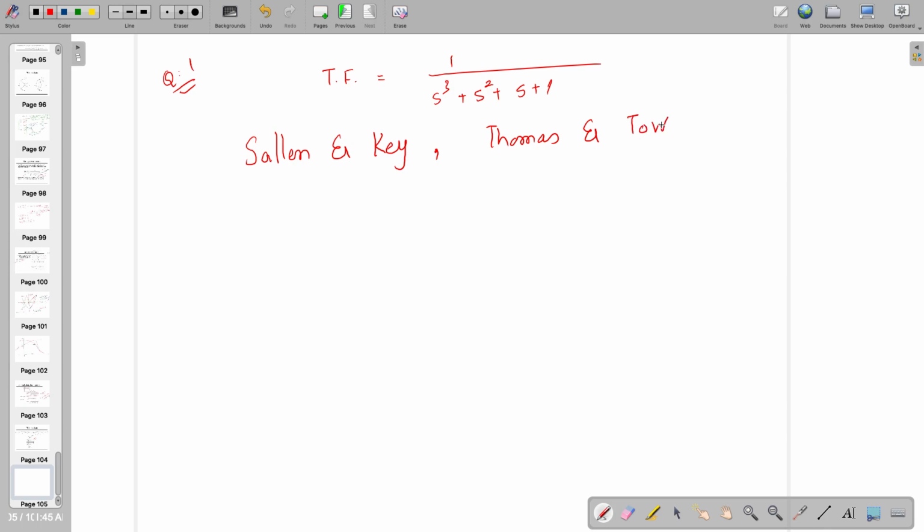You can use these or biquad. All these can give you second order low pass filters. This biquad is going to give you second order high pass, band pass, and notch if you use its configuration. So rather than going with that, if you know where the roots are, let's say something like this.